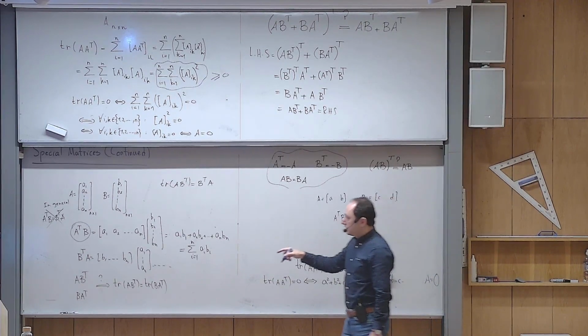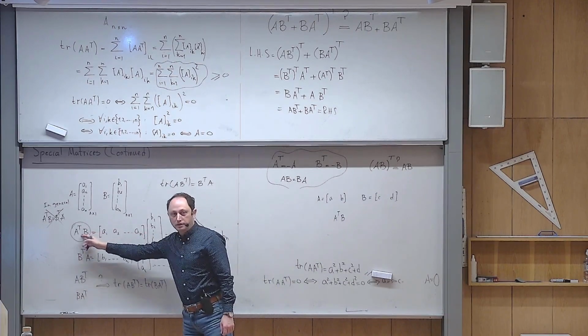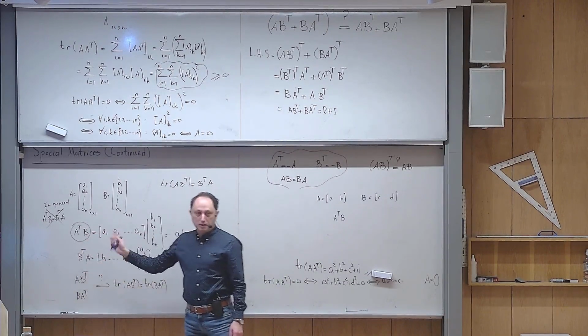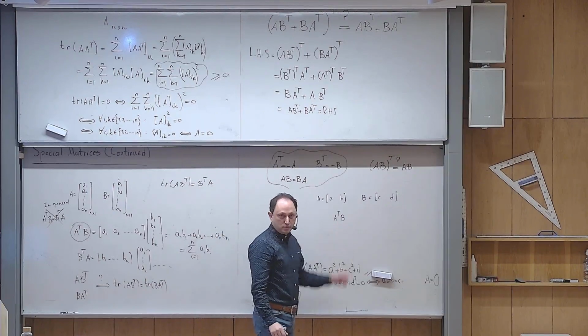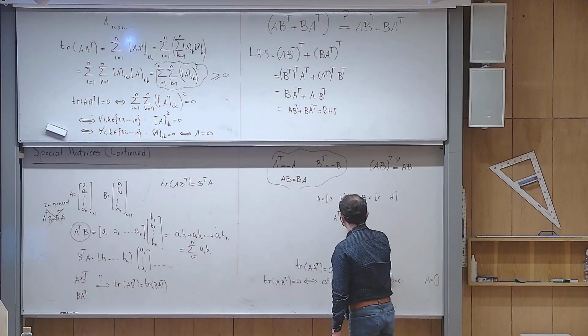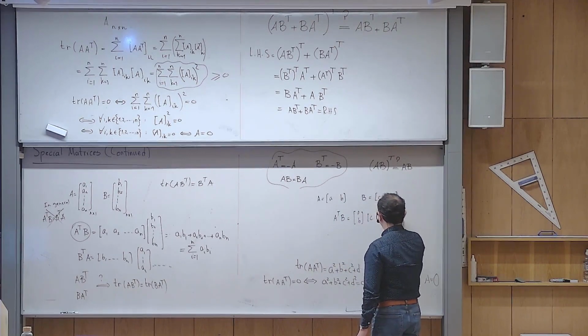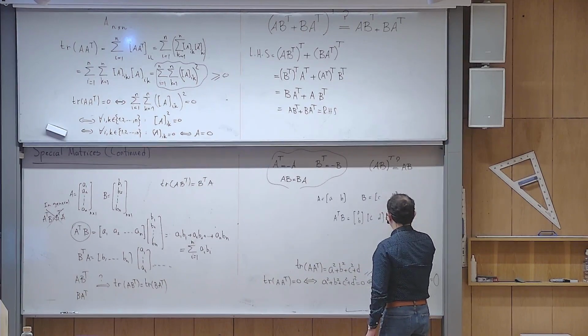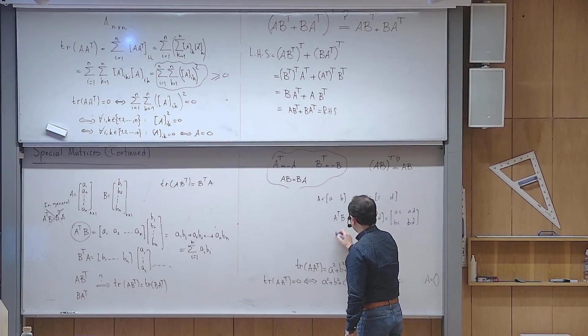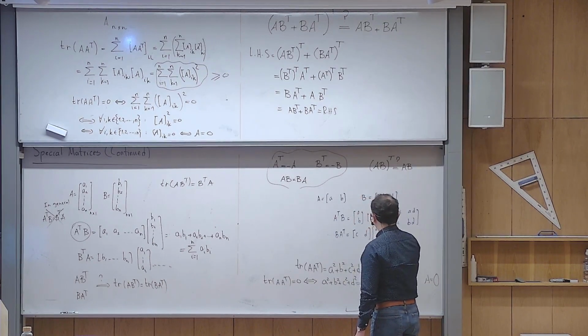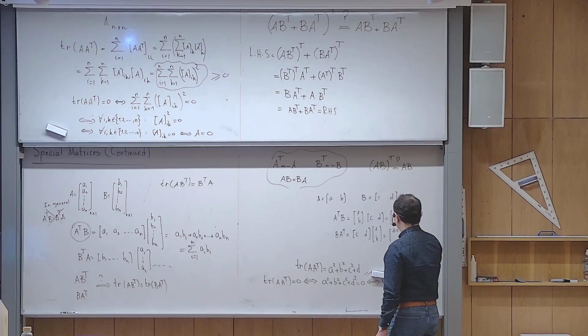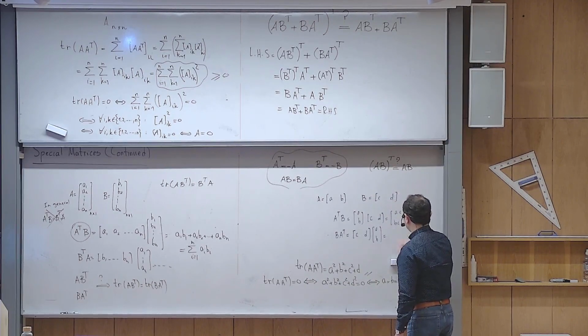Before, A transpose B was a number and the other one was a matrix. But in this case, A transpose B is a matrix, yes? So this is (a b) multiplied by (c d), then it becomes ac, ad, bc, bd. And then the other way around, BA transpose is actually (c d) and (a b). And when I multiply that, this becomes ac plus bd.